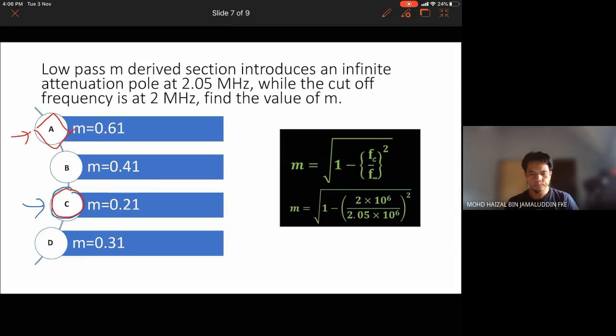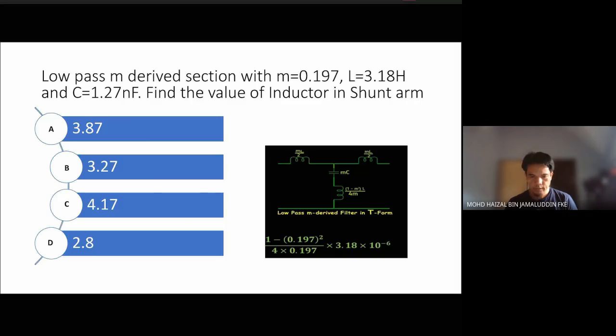So next, the question: a low pass m-Derived section with m equal to 0.197, L equal to 3.18 henry, and C equal to 127 nanofarad. Find the value of the inductor in the shunt arm.